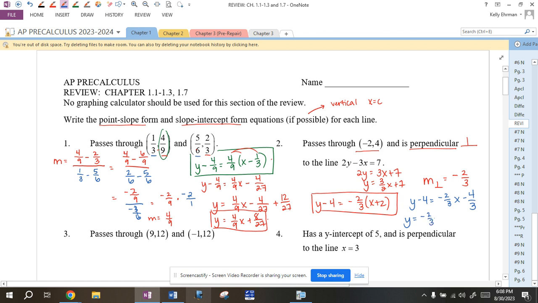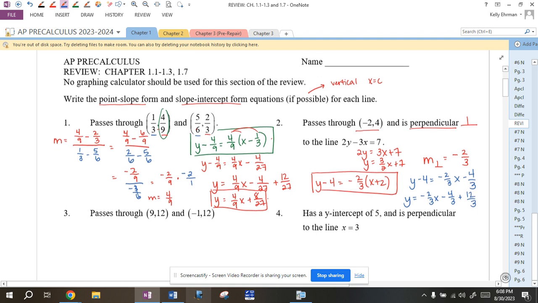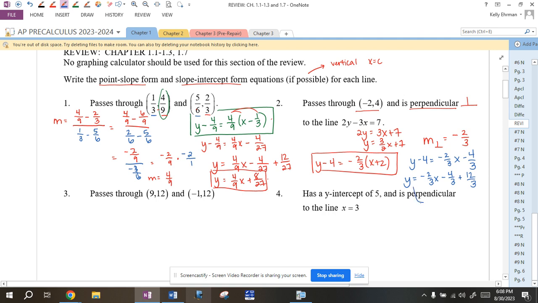Negative 2/3 x minus 4/3. When you add 4, put it over a denominator of 3, so you're adding 12/3. And let's put this down here. So y equals negative 2/3 x plus 8/3 is my final answer. This is for number 2. I'm just going to section this off here.